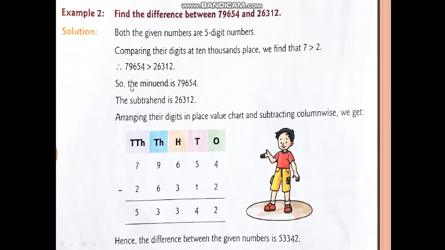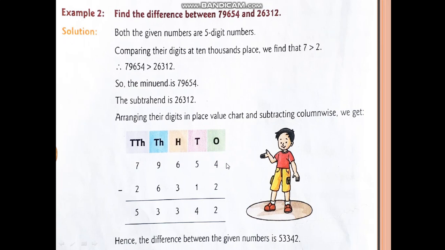26,312. So in this case, our minuend is the larger one. Larger one is 79,654. The smaller number is your subtrahend. That one is 26,312. After that, we are arranging the subtrahend and minuend in the place value chart. First, write the minuend.